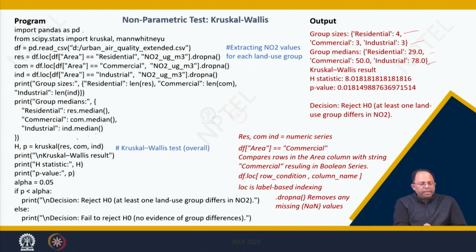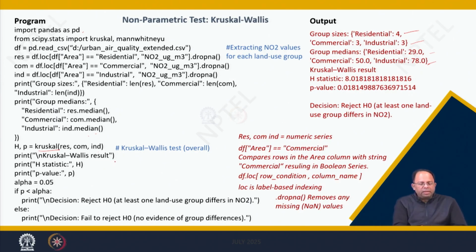So then we are calling the Kruskal-Wallis test for all these 3 categories: residential, commercial, industrial, and we are storing the H statistic and the significance value, which is the p-value.